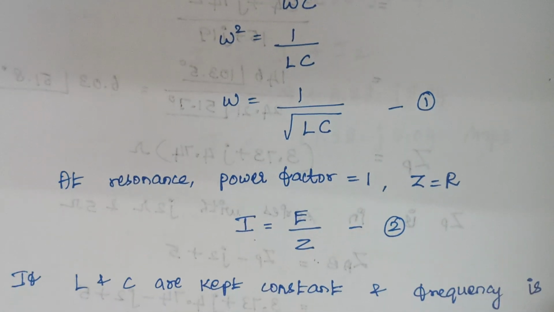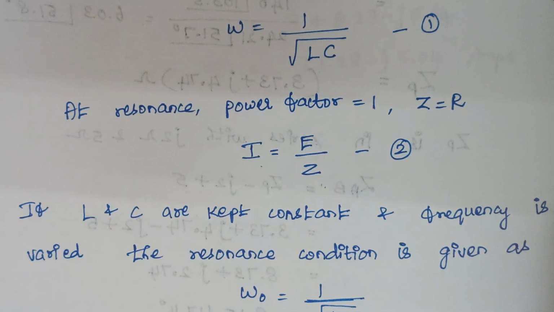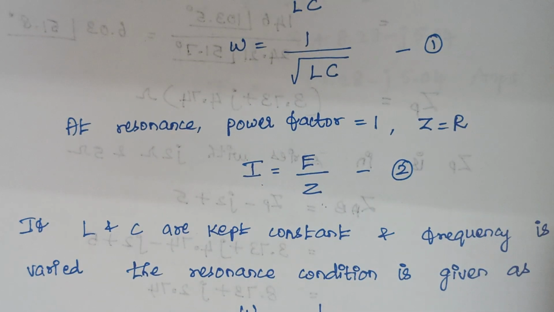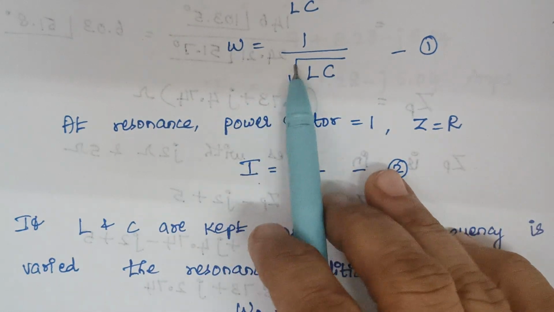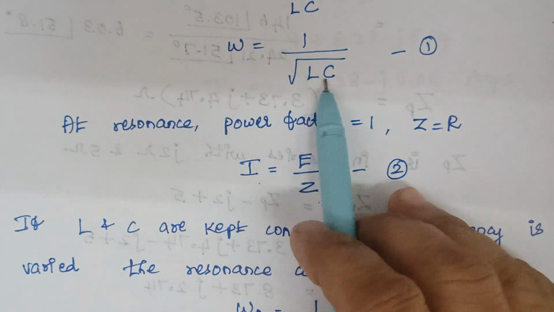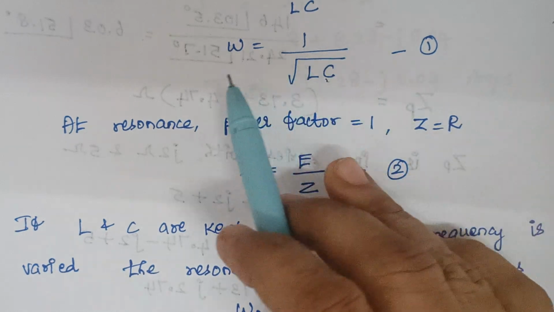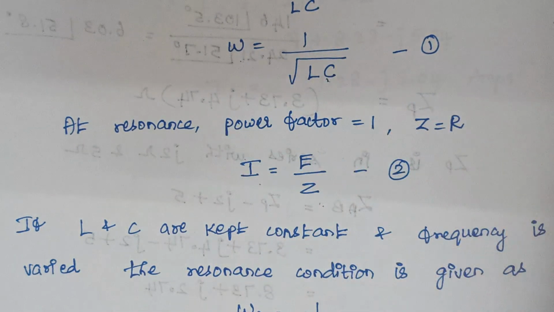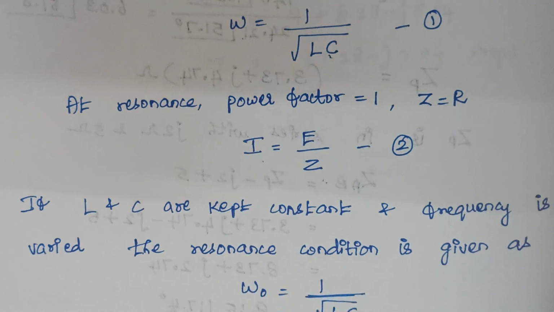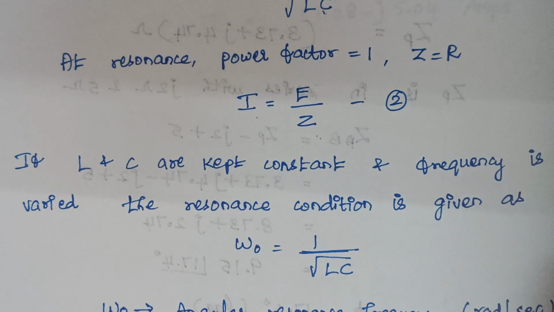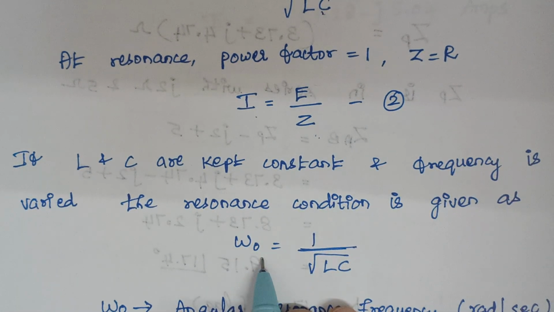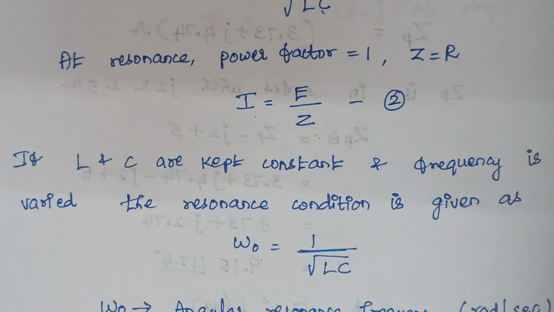Now, the next thing is, if L and C are kept constant and frequency is varied, because this is your formula for omega equal to 1 by root of LC, this gives the formula for resonant frequency because omega is nothing but 2 pi f. In this case, if L and C are kept constant and the frequency is varied, then that frequency is known as the angular resonance frequency and it is denoted as omega naught, which is again equal to 1 by root of LC.